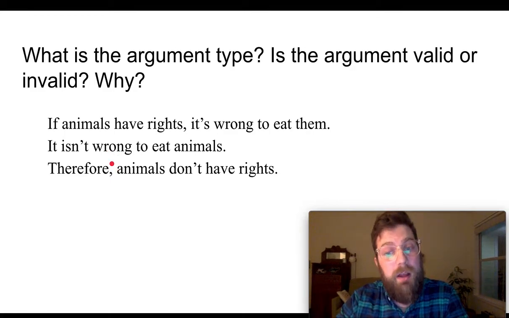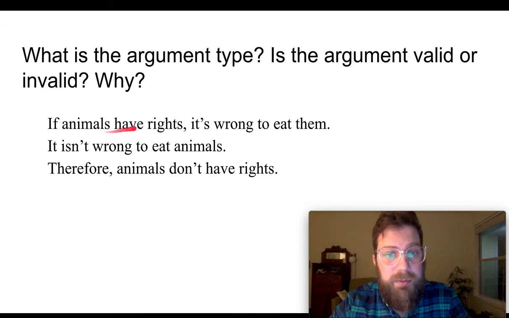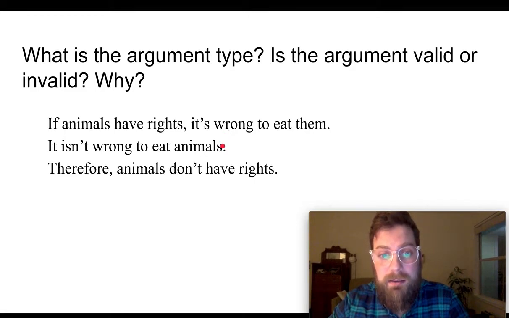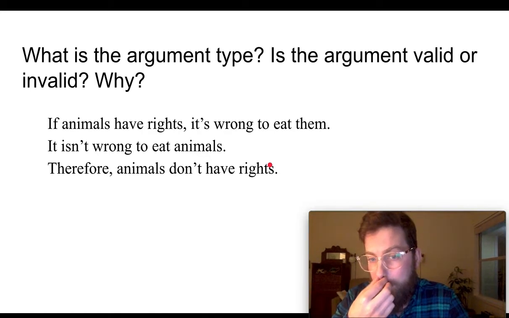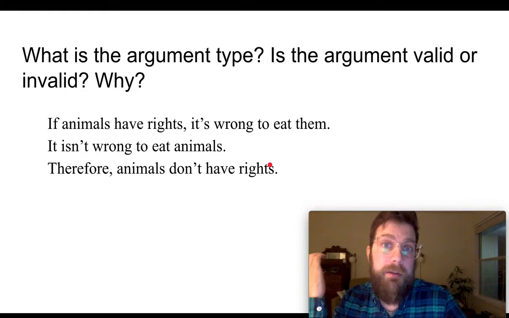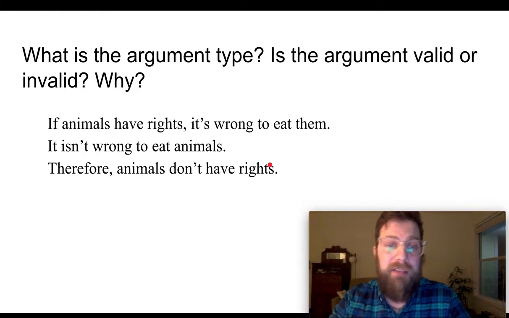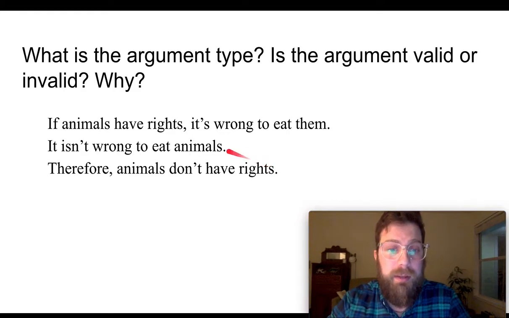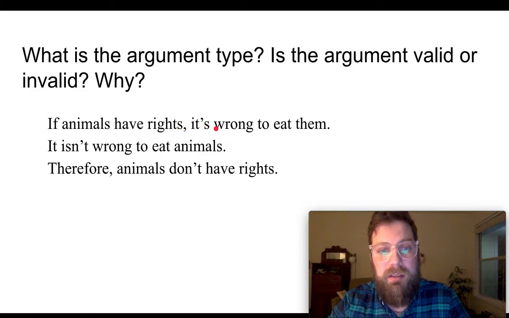But in terms of its logic, it says, look, if animals have rights, we can be guaranteed that it would be wrong to eat them, but because it's okay to eat animals, then they must not have rights. So whatever you happen to think of this argument, we can tell here that it is a logically valid argument because it takes the form of modus tollens. If P, then Q, not Q, therefore not P.